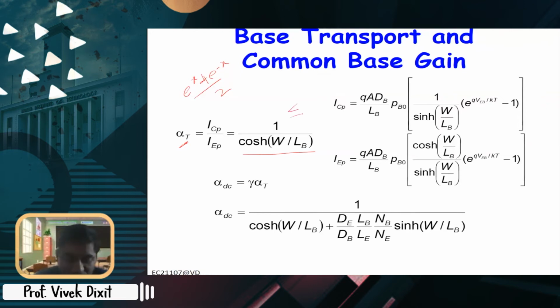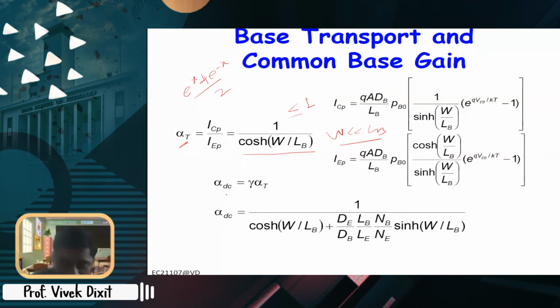So it has always to be less than or equal to 1 only. And it will be 1 at x equal to 0, right? So if you make width 0, then alpha T will become 1. And that is not feasible, right? So what we do, we keep W much less than diffusion length.